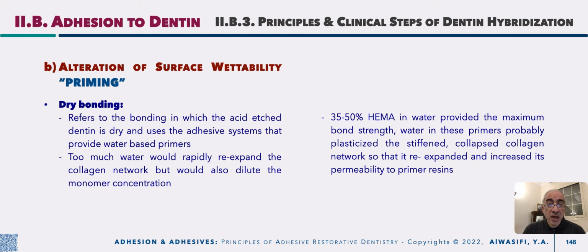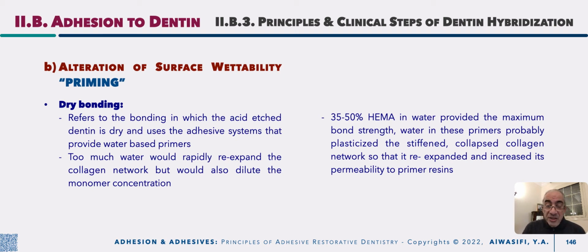But at the same time, it still contains extra water, and the water solvent of this primer is not fast in its evaporation like that of acetone and ethanol. Then you need again a 2 to 3 second air blast to dry it.